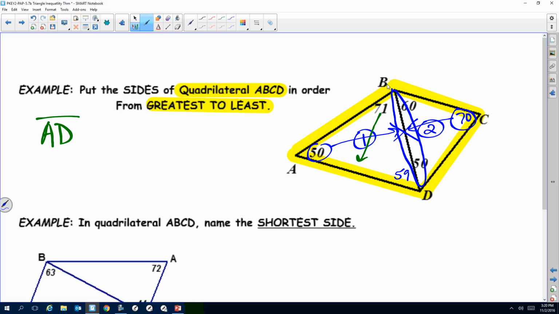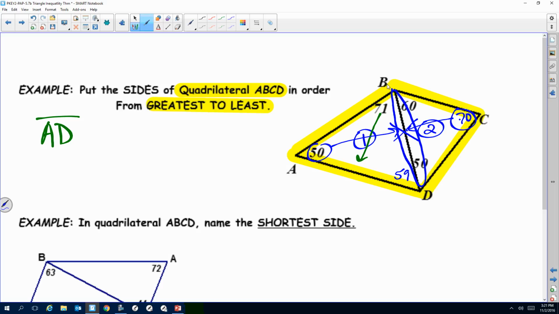And right there, we already see that there's no way that if BD is the segment for 70 and also 50, and those are not the same measurement, they cannot have the same value. If I was doing segments, yes, but if I'm talking about the sides, I want to keep it to the sides. So now we go to the next largest number.